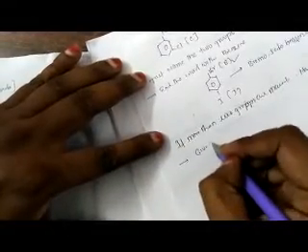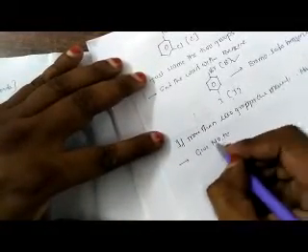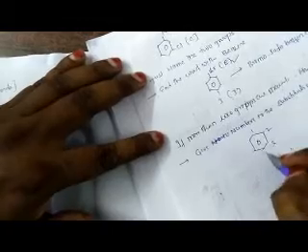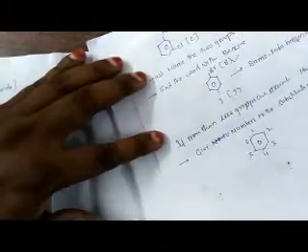When more than two groups are present, the simple thing here is we have to give numbers to the substituents. Suppose, take it as an example, this is the benzene, so we have to give 1 2 3 4 5 6. These are the numbers for the positions of the benzene molecule. So when more than two groups are present, we have to give numbers to the positions.